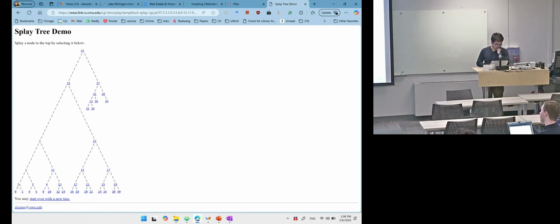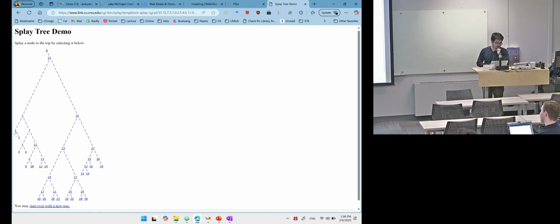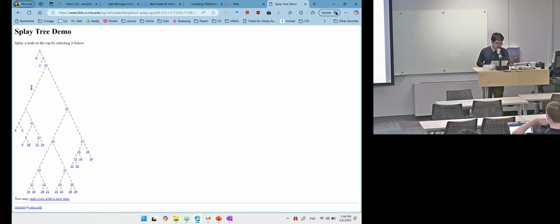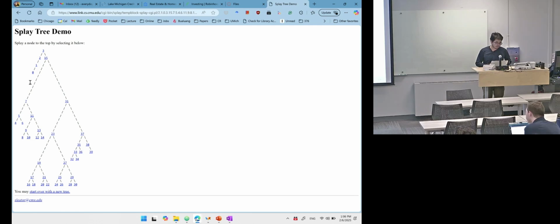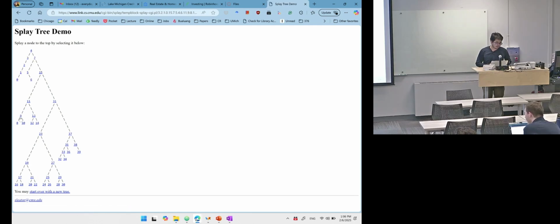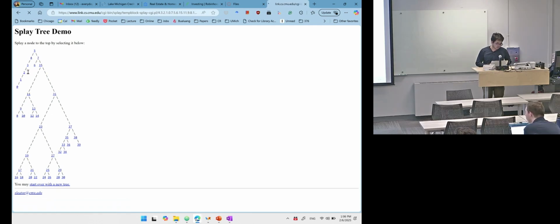Can you tell me what's the worst case lookup cost for this? Just O(n) when it's a stick. Yes, it can be O(n), because you can make it unbalanced.